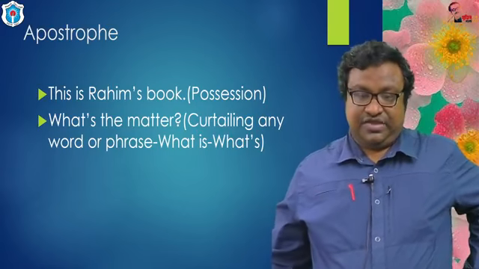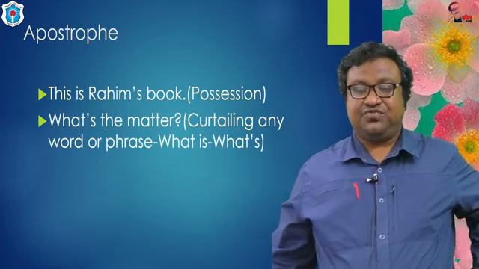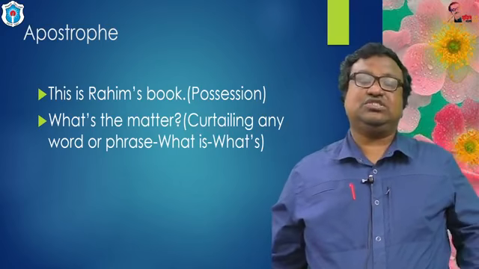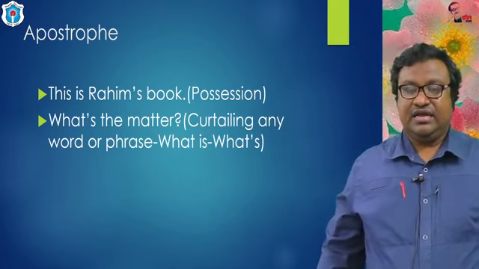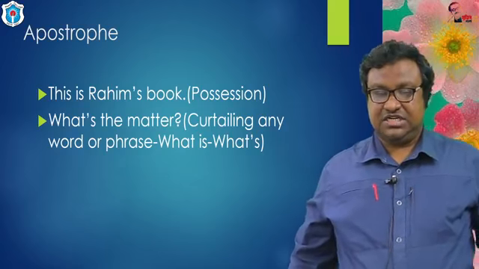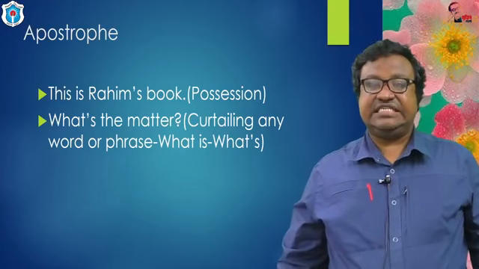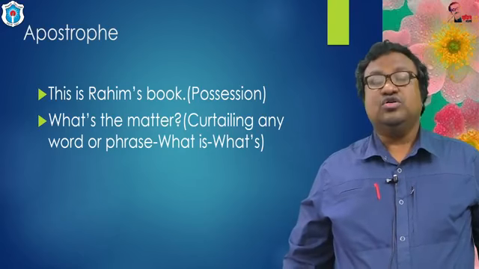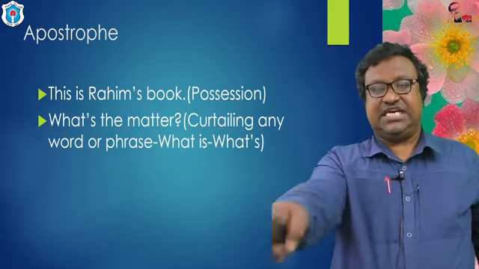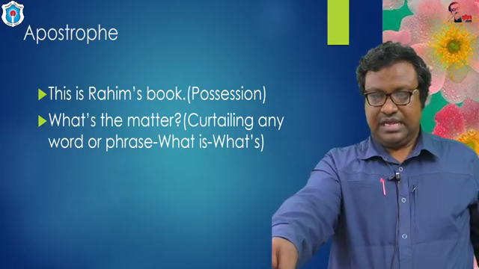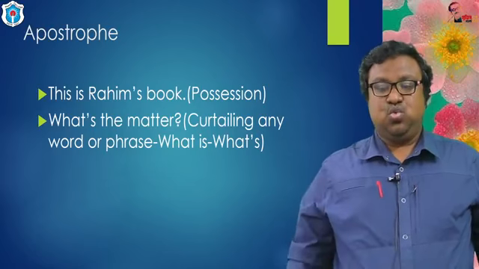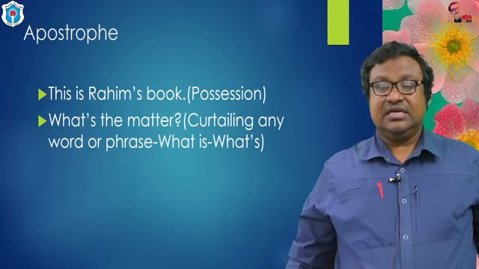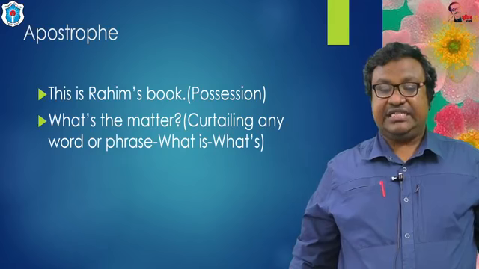Now, apostrophe. Apostrophe is used in case of two situations. One, for possession, that is when we are possessing something. Like, this is Rahim's book. So Rahim is in the possession of that particular book. Two, curtailing the word or phrase.